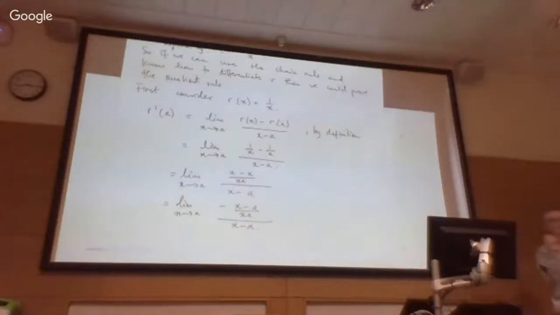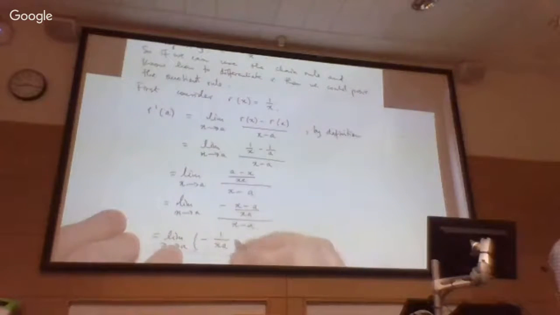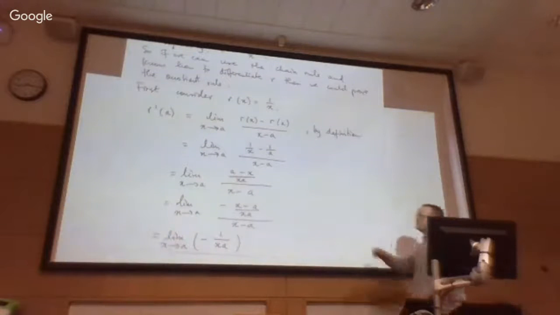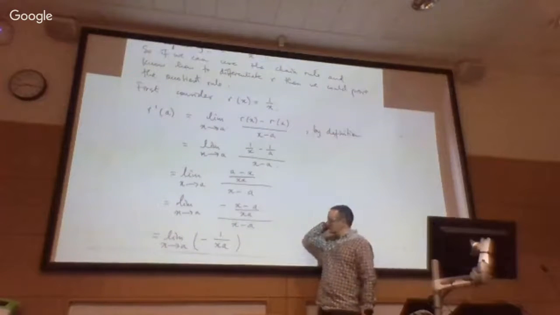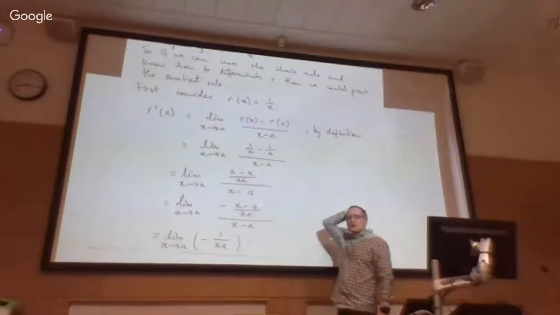It's just getting closer and closer to a. So this allows us to rewrite this as the limit of minus 1 over x times a. That's what's left behind when I cancel out x minus a in the top and bottom of the fraction. So a 1 in the denominator and a 1 over xa in the numerator.